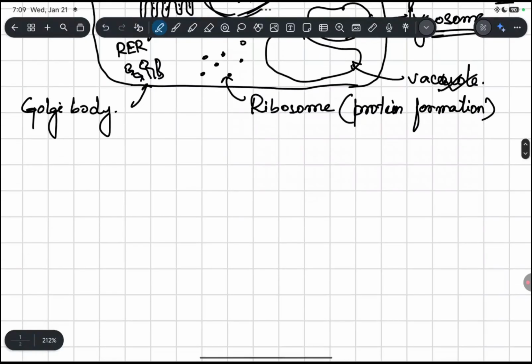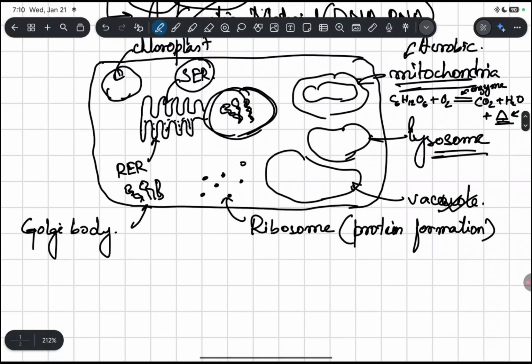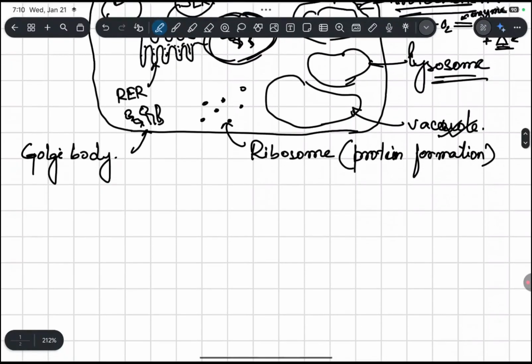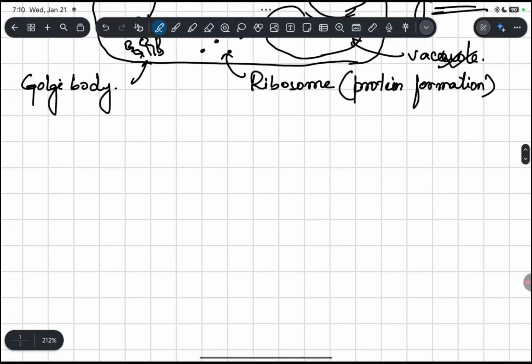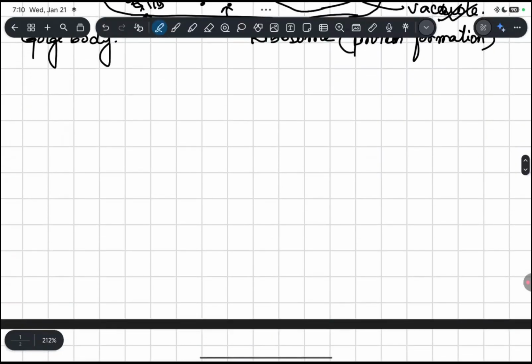The Golgi body helps in packaging. We might call their function import export. It just does the packaging, and the nutrients are sent outside or inside. That is done through Golgi bodies. So yeah, now let's go to the nucleus.